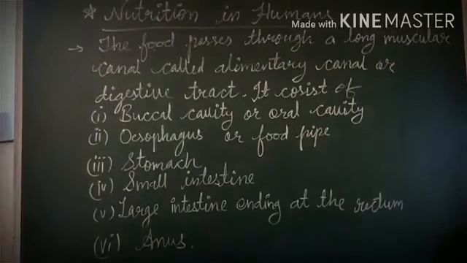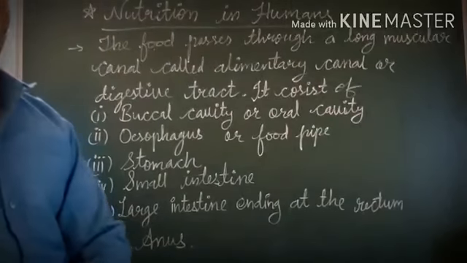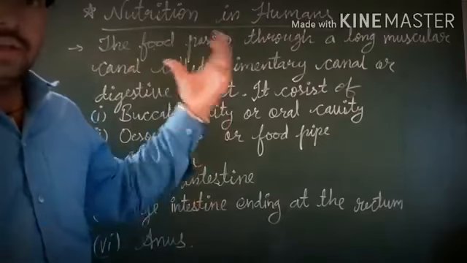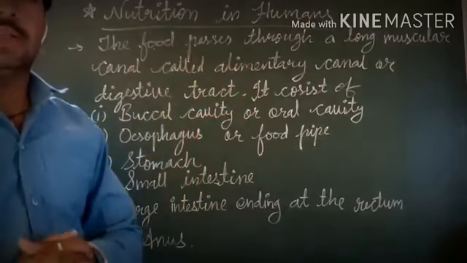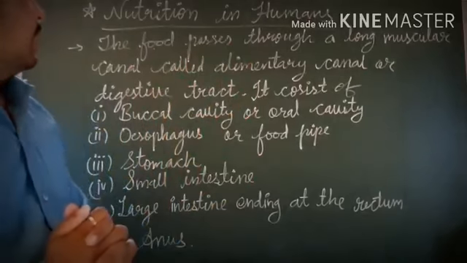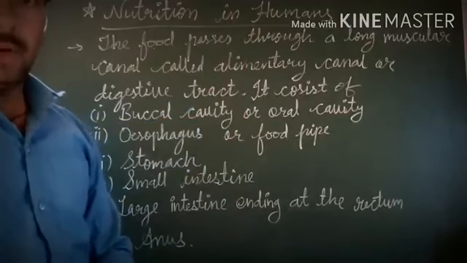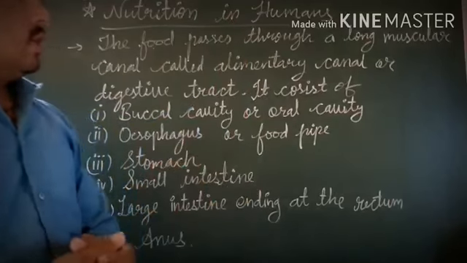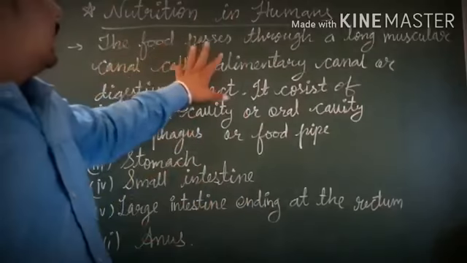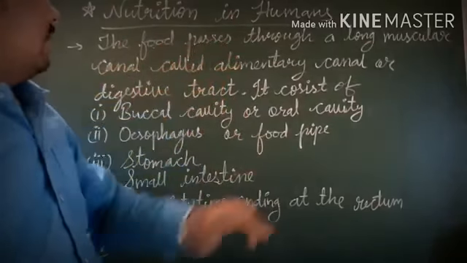Now, my dear students, nutrition in animals. In animals, the human being is a talented animal. So first we will study nutrition in humans. In human beings, the food passes through a long muscular canal called the alimentary canal.